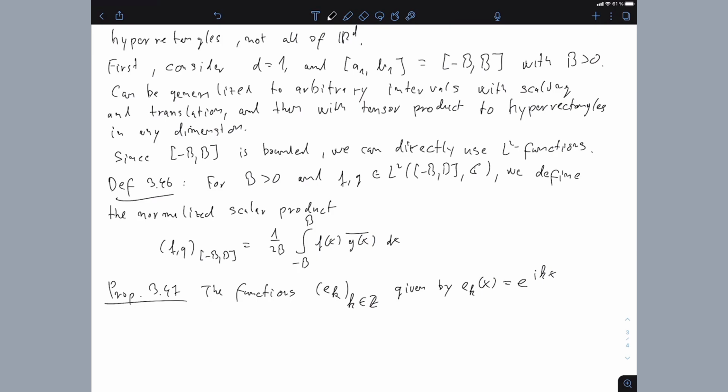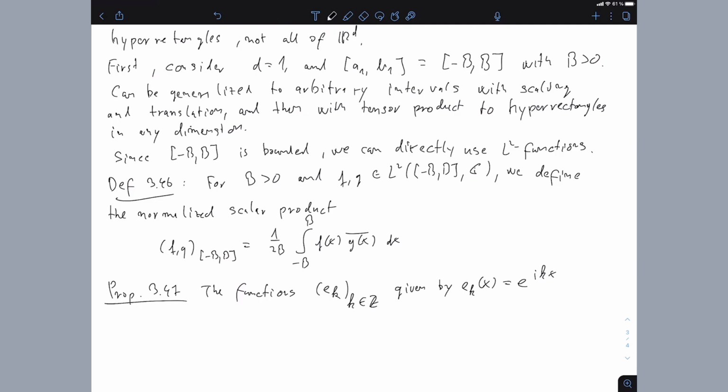So these are essentially the functions that we used in the Fourier transform, since the Fourier transform was integrating f times e to the minus i x omega. So x is still here, omega is now replaced by k.